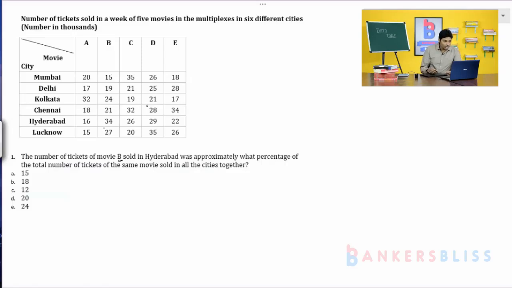See here, no need to write down each and every data, directly you can add. See, Mumbai 15, Delhi 19,000, you consider only 19. Next, Kolkata 24, 21, 34 and 27. So how to calculate? Already I have told you in the bar chart how to calculate. In this 15, you consider 10, later on you consider 5.